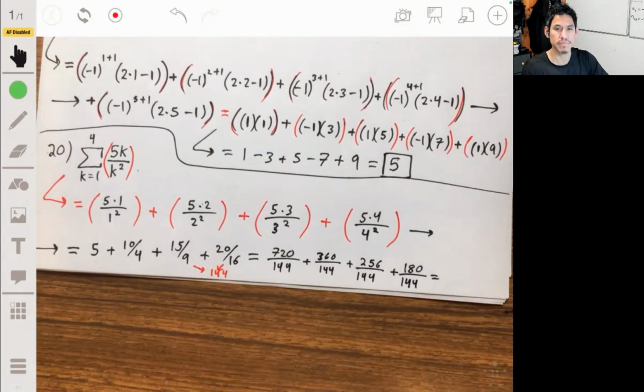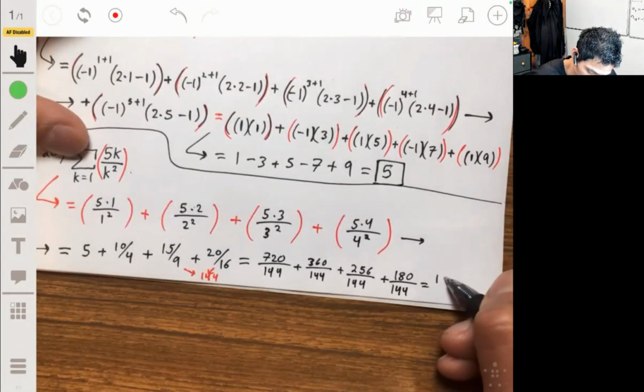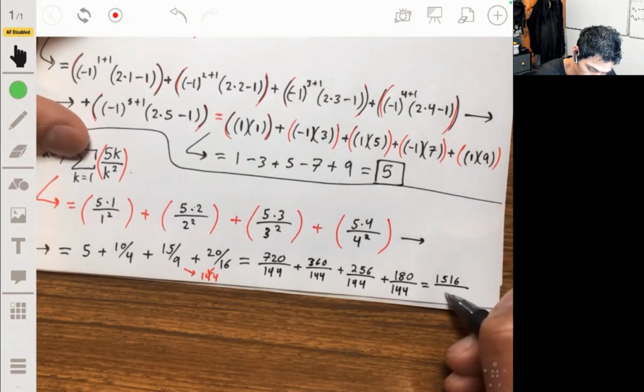Adding all the top up, we get 180 plus 360 plus 256 plus 720, 1516 over 144.